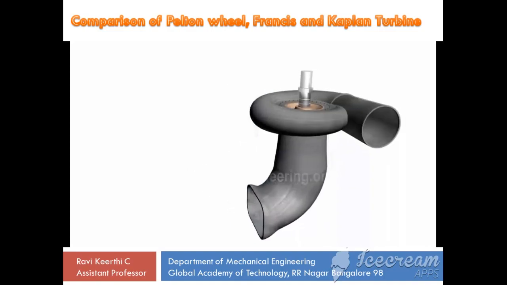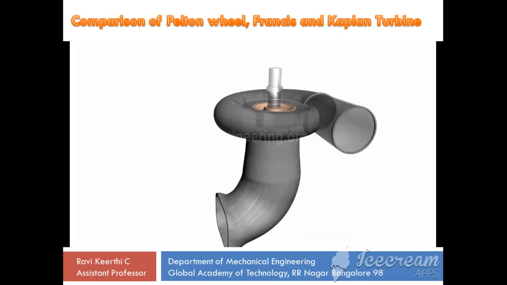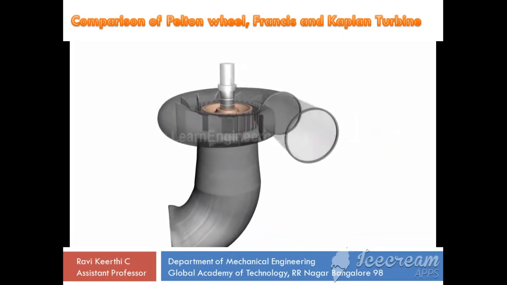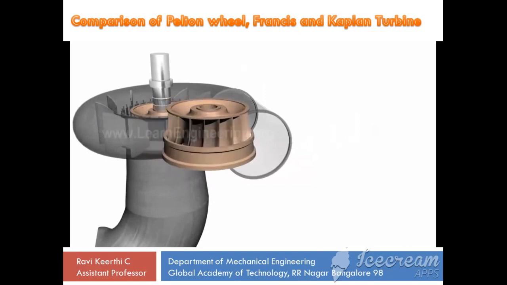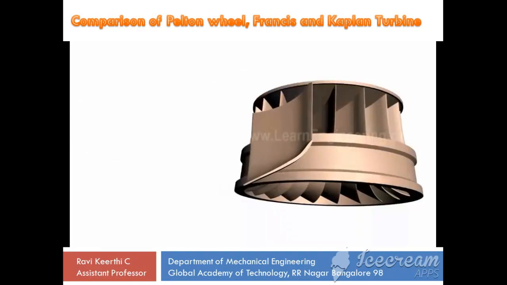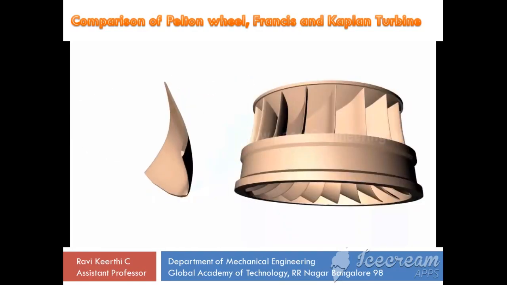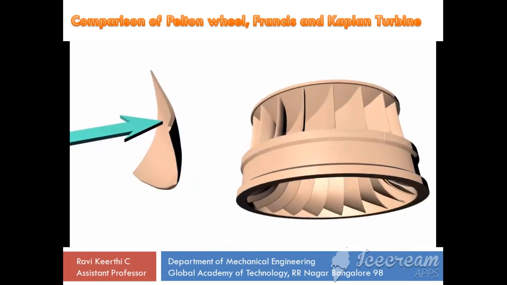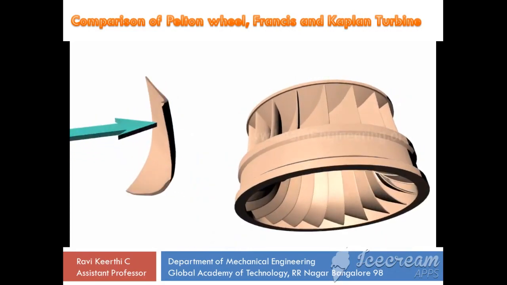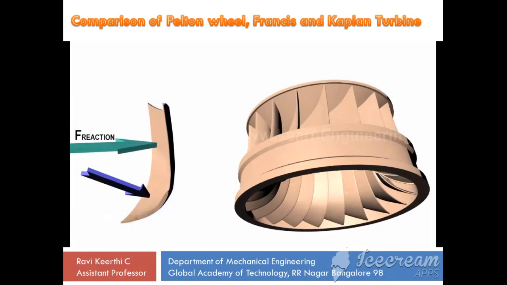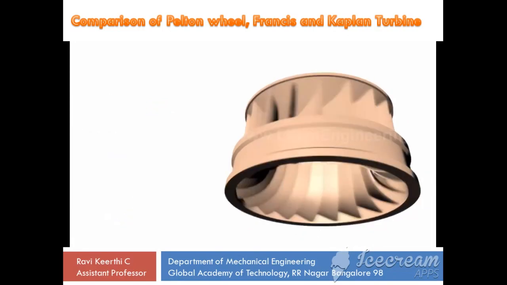The Francis turbine comes in between for medium head to medium flow rate applications. The Francis turbine is not a pure reaction turbine. A portion of force comes from impulse action also.